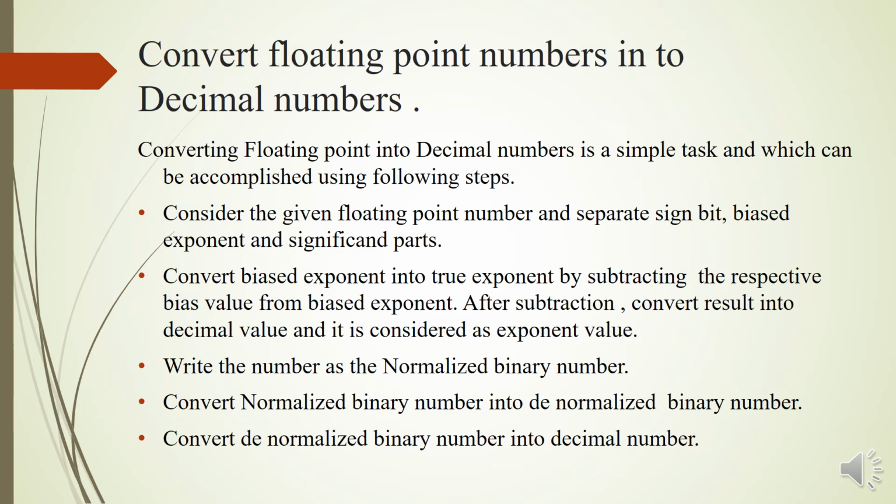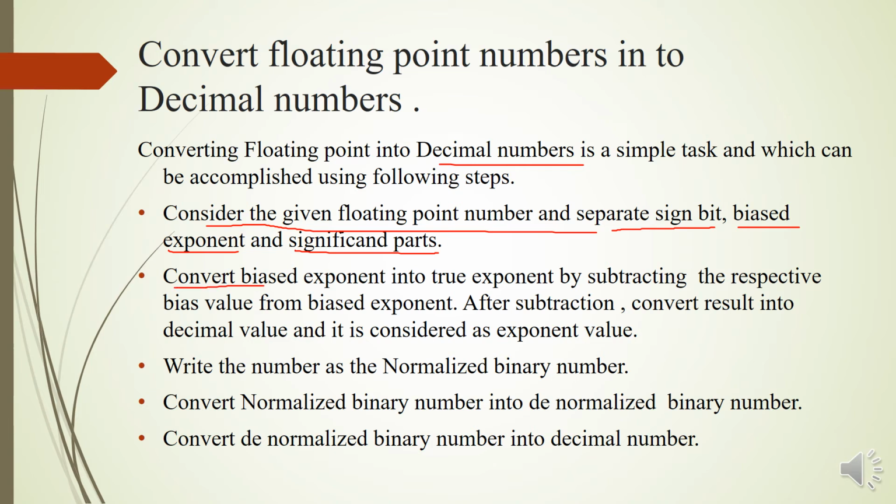Now we'll have a discussion on how to convert a given floating point number into a decimal number. Consider the given floating point number and perform the following steps to convert it into a decimal number. Separate the sign bit, biased exponent and significand parts.